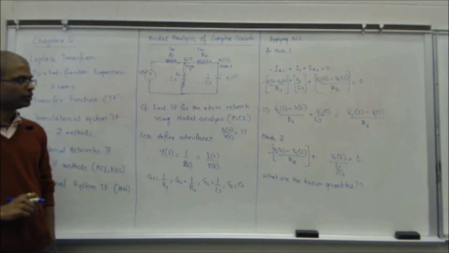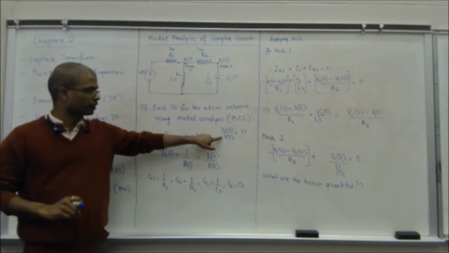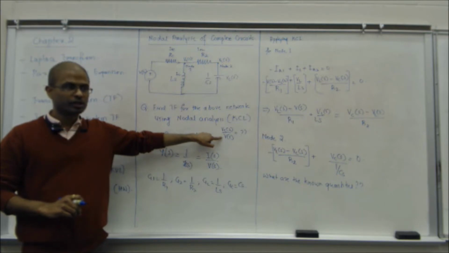C is a known quantity. We need an expression for VC of S over V of S. The quantity which needs to be eliminated is VL of S, right? Because we don't know VL of S. You understand?